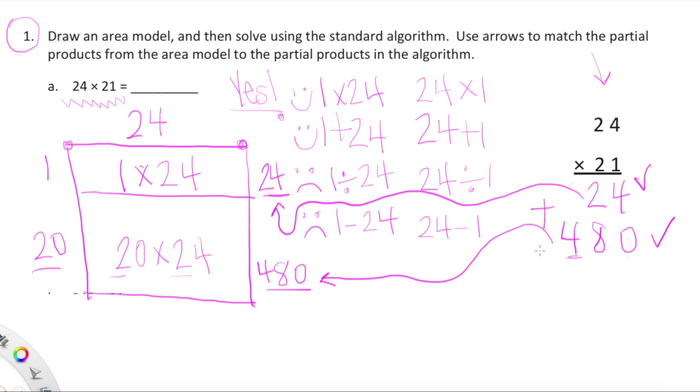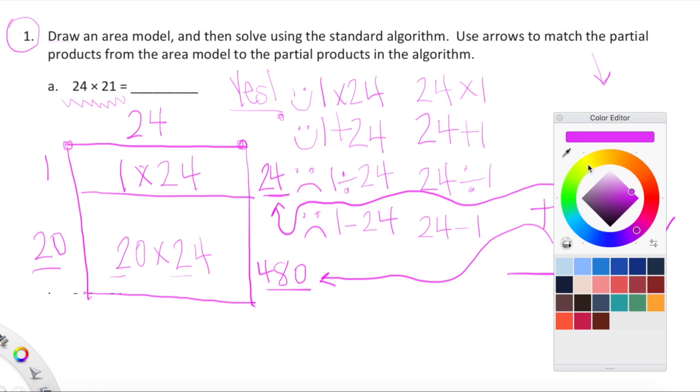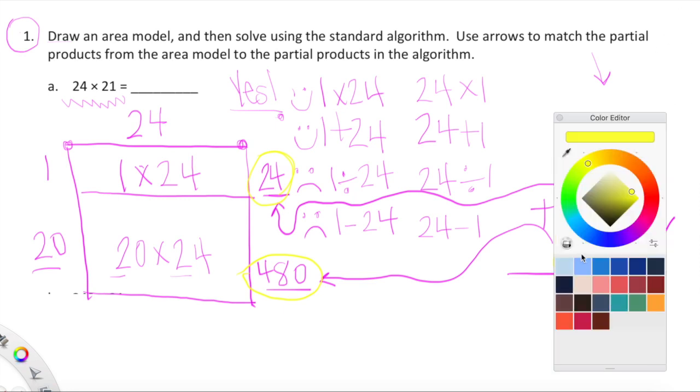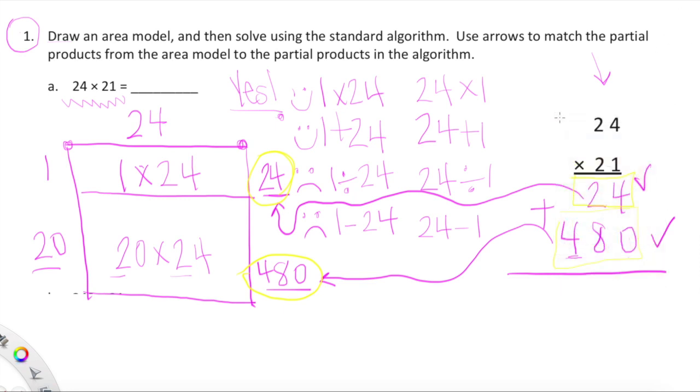So now we have 2 partial products. Good news is that our area model partial product matched up beautifully with our standard algorithm partial product on the first row and the second row. So that's good news. What we're left to do here is add up our partial products, and I have to be much more thoughtful with my alignment over here because, as you guys can see, my lanes are a little wobbly.